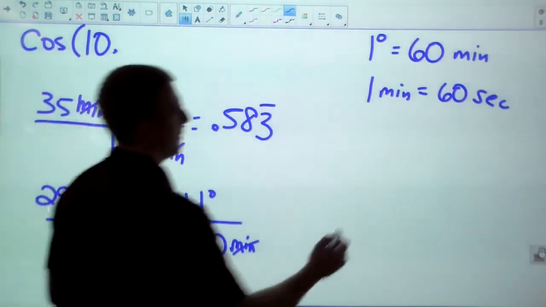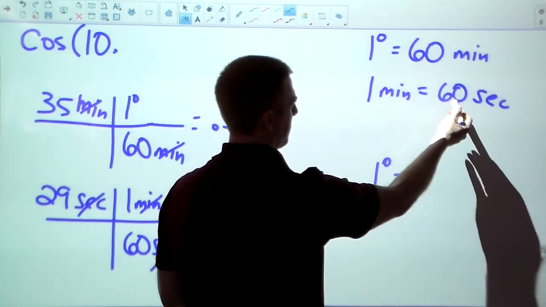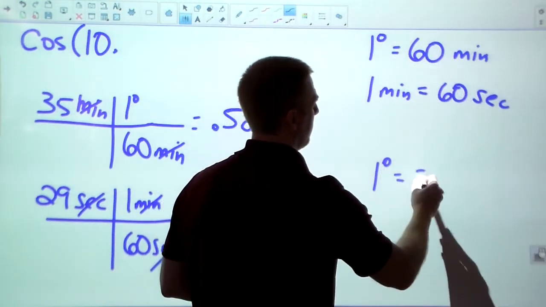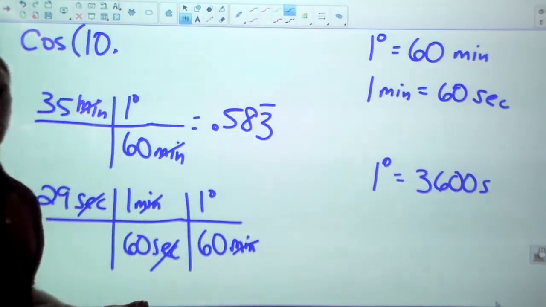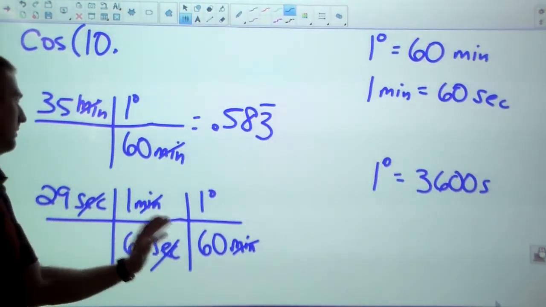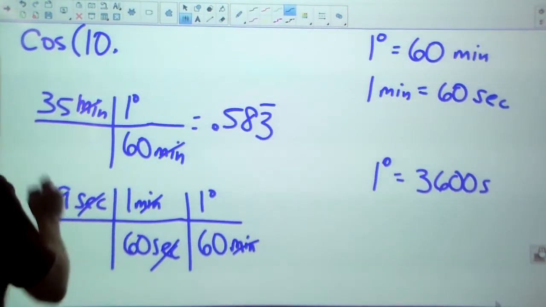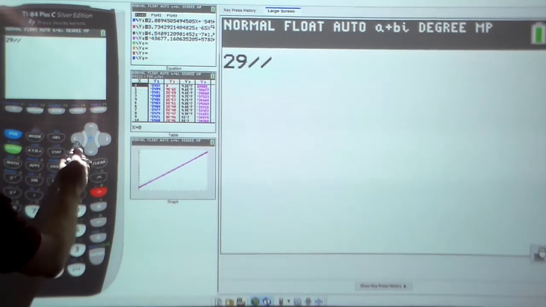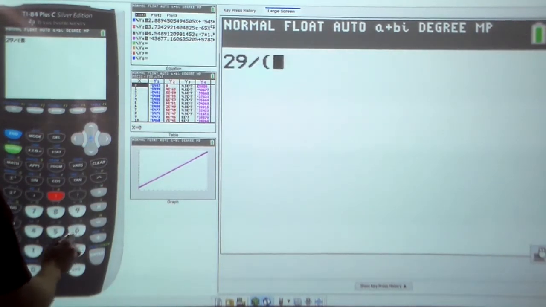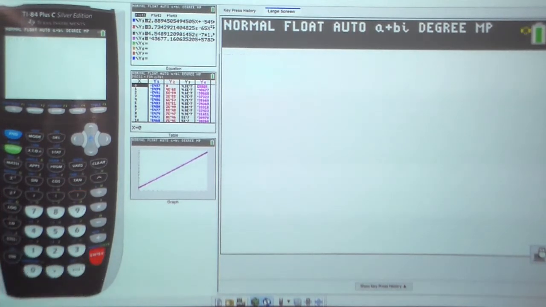Something you can use, each degree, if you work the math out here, 60 seconds times 60 minutes, there's 3,600 seconds in 1 degree of Earth's surface, so that's a quicker conversion if you want to remember that. But this definitely works. 29 over 60 divided by 60 again. So take 29 divided by 60 times 60, or if you want to go ahead and just do 3,600 at this stage, that's fine too.